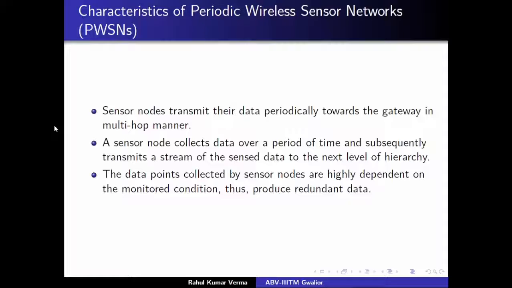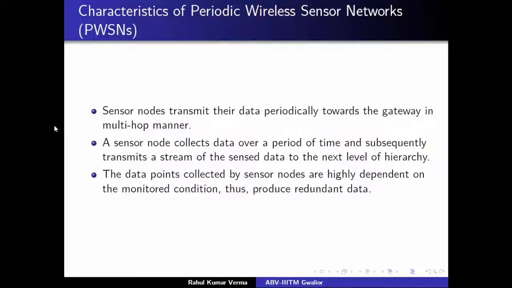There is certainly a possibility that a sensor node is sensing very redundant information, because if the sensing environment is changing very slowly, then it is highly probable that a sensor node is sensing the redundant values again and again. So the basic motive is to reduce the communication cost, or the number of message exchanges.